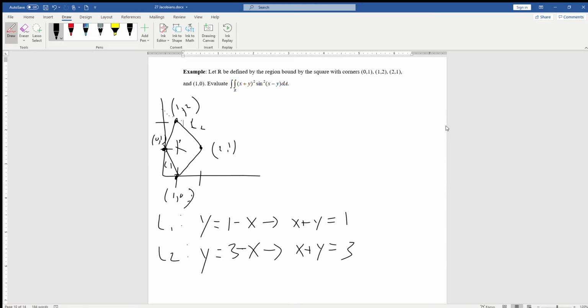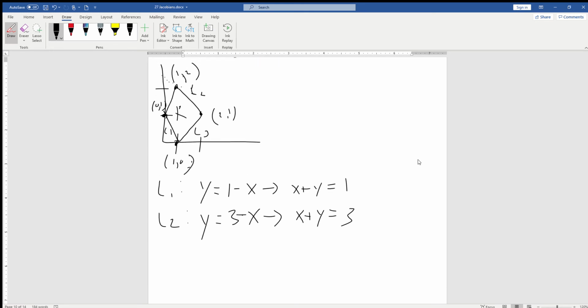Let's call this one line 3. So line 3 goes from the point (1, 0) and each time x increases, y increases by 1 as well. So one way we could relate that is y is equal to x minus 1.